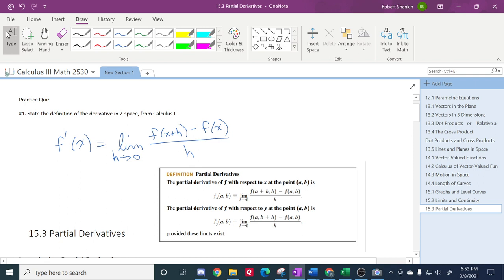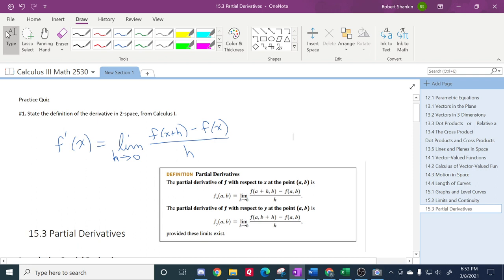Okay, and so it's the same kind of thing. You're holding the b constant, that's not changing, and you're just changing the x. And then vice versa down here. You're holding the x constant here to here, and then you're only changing the y with that h.